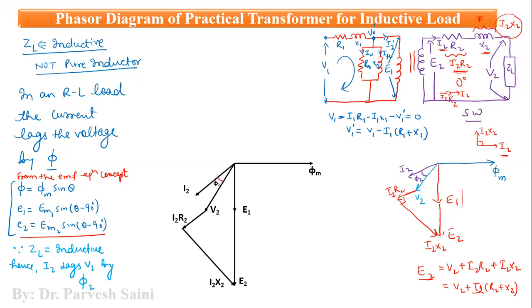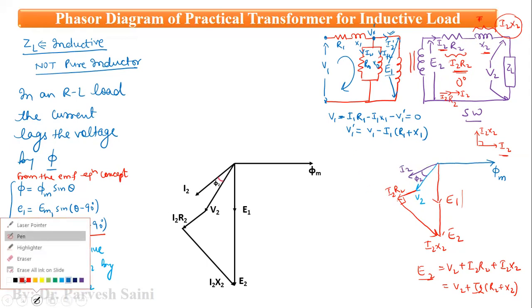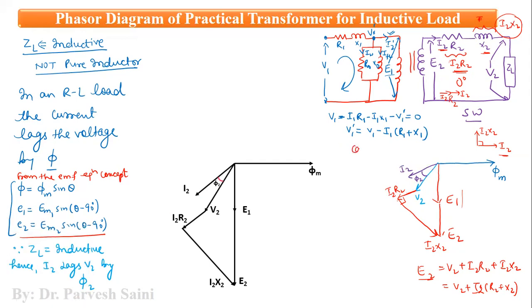That means the current which flows here, this current I2 dash basically, is eventually responsible for the self induced EMF E1, right? So the cause of this EMF E1 is V1 dash.